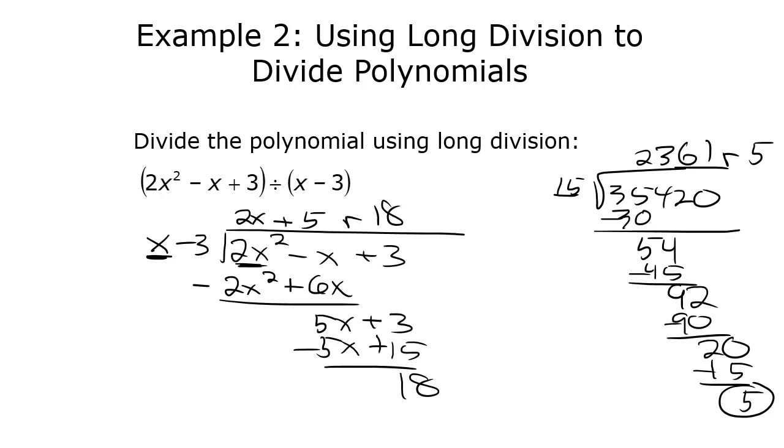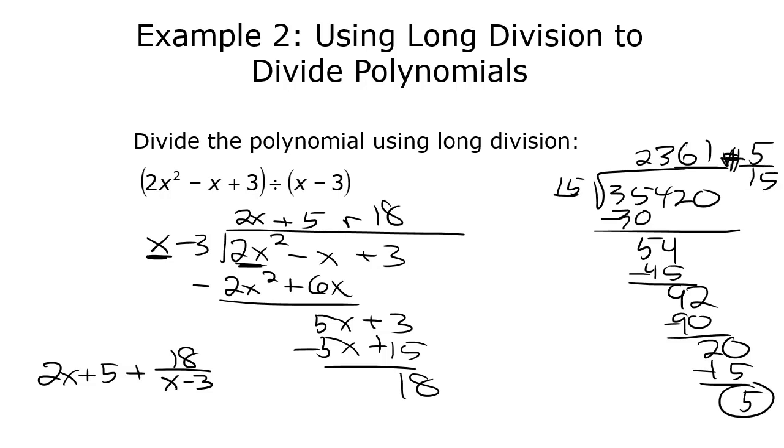Now, when we do this kind of division, rather than just listing the remainder as 18, we would normally say the answer is 2x plus 5 plus 18 over x minus 3. Because you remember, if we did this division, our remainder of 5 would be 5 over 15, right?